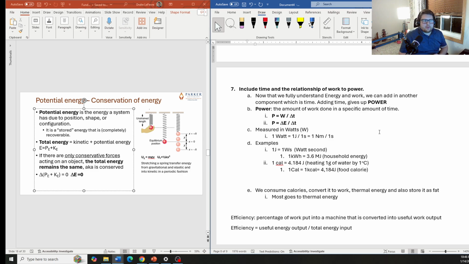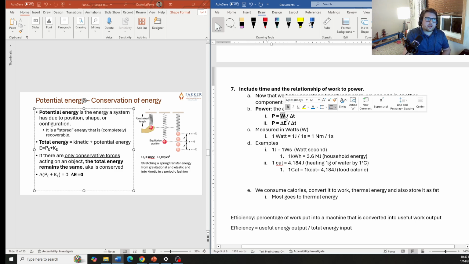Power is the amount of work done in a specific amount of time. There's 2 formulas to calculate it. Power equals work divided by the change in time, so how much time we spent. Or it is power equals the change in energy over the change in time.